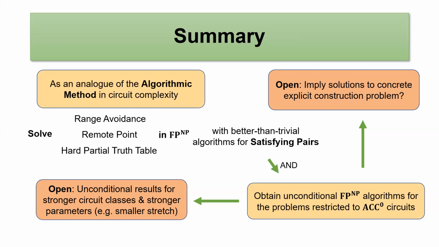The second open question is, can we have unconditional results for stronger circuit classes or with stronger parameters? We don't know non-trivial algorithms for satisfying pairs of stronger circuit classes. Besides, the parameter of the ACC0 satisfying pairs algorithm we have only gives us algorithms with quasi-polynomial stretch. And we want to know whether the stretch can be made smaller.